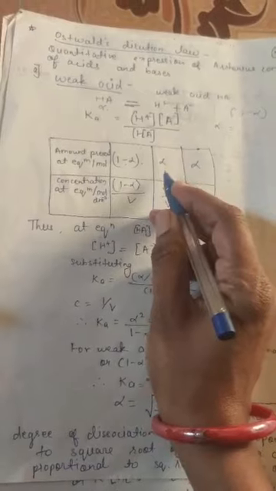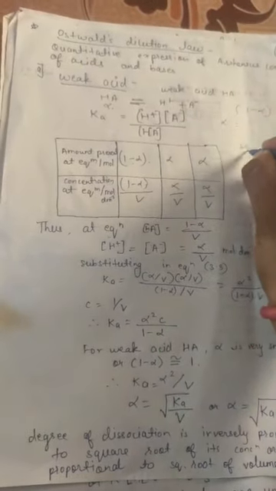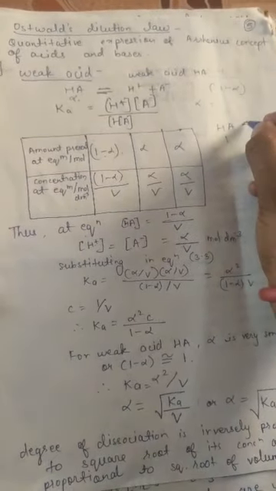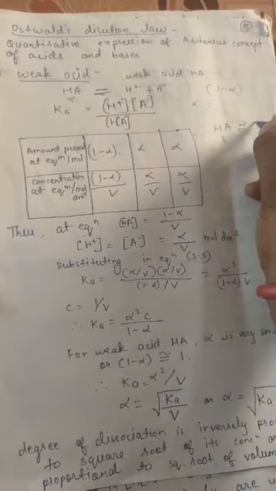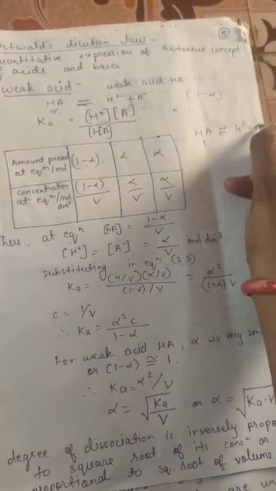So from where did this 1 minus alpha and alpha come? For example, if HA is an acid, the initial concentration before dissociation was 1, and H plus and A minus were 0.